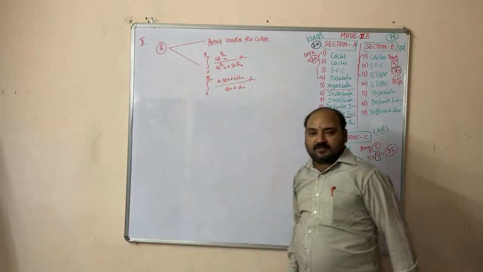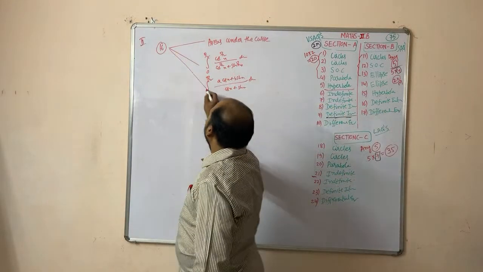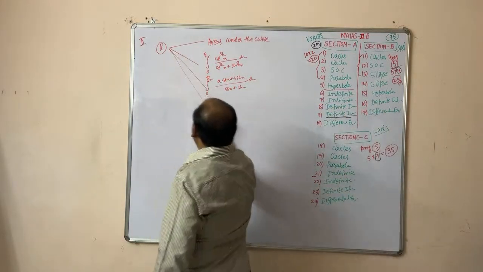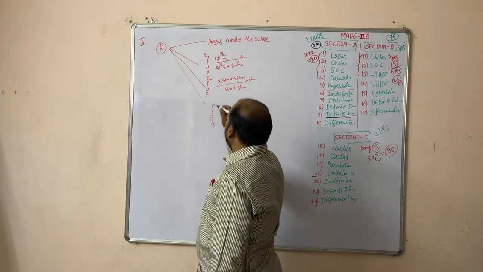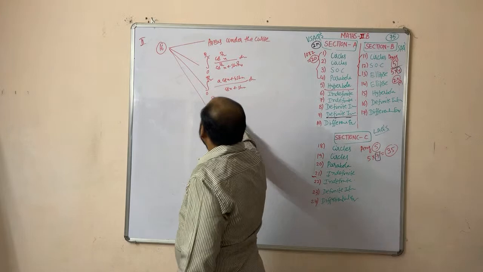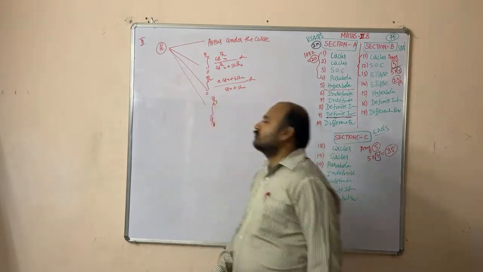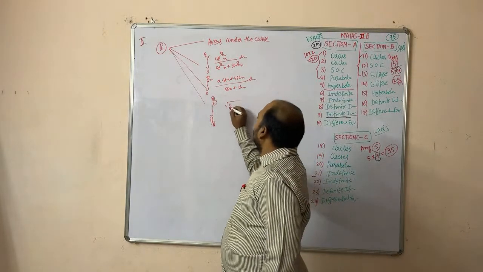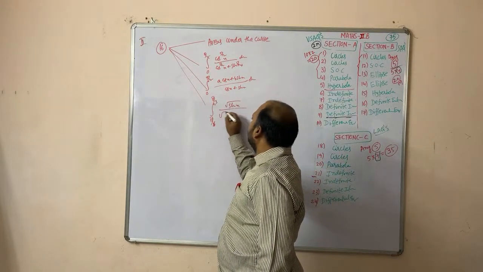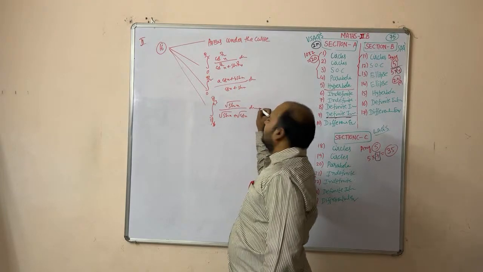Find the value of this. Next possibility, integral pi by 6 to pi by 3 root sin x by root sin x plus root cos x. Evaluate.